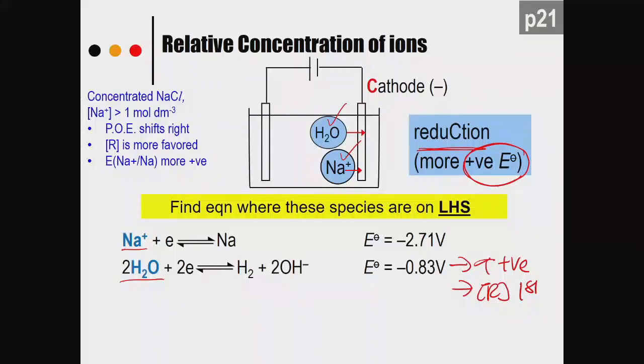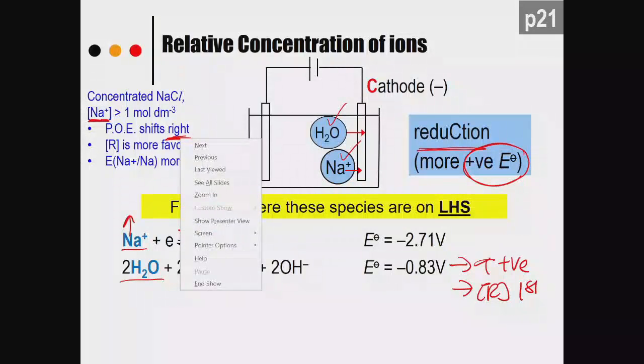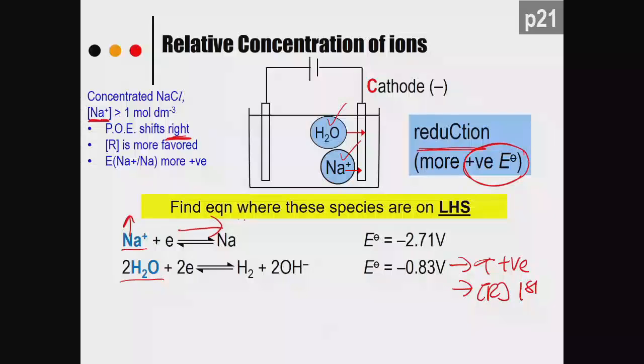Concentrated NaCl means that your concentration of Na+ is higher, and because it's much higher, it will shift the position of equilibrium towards the right hand side. That will favor the reduction reaction, so the E0 value should become more positive.